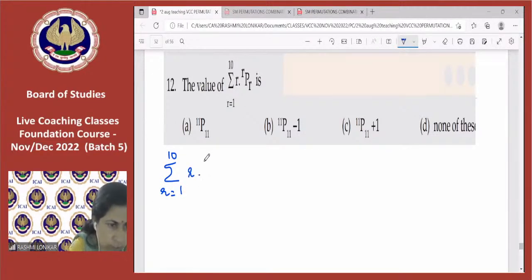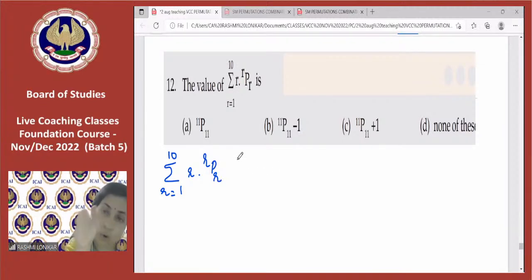This will also help you in further sums. So what this means is that the value of r is going from 1 to 10 and you have r into rPr.